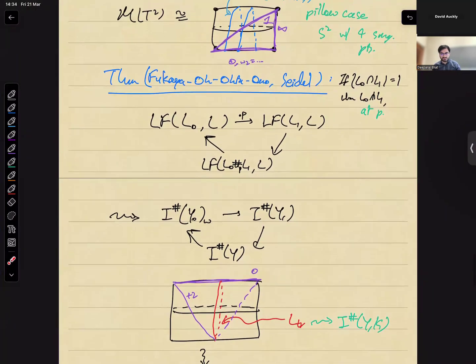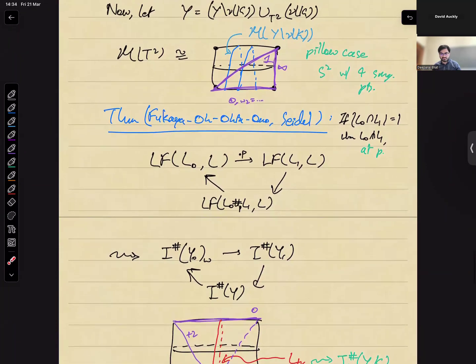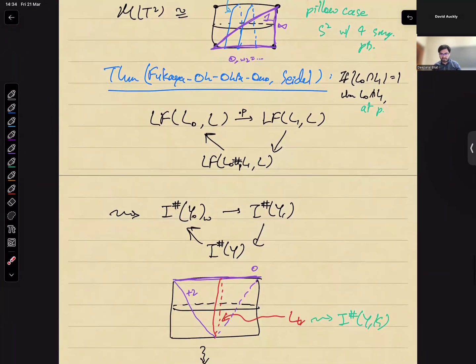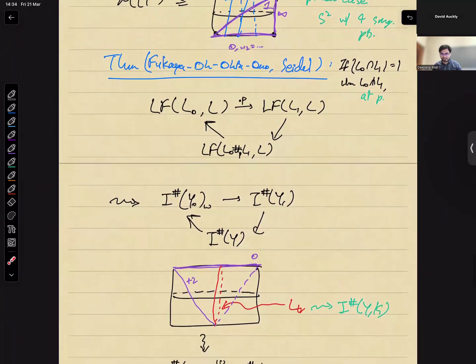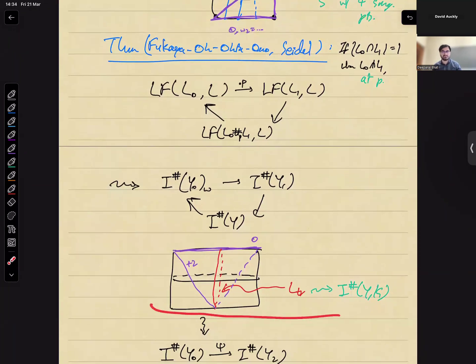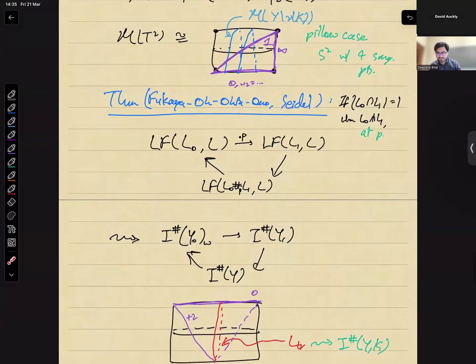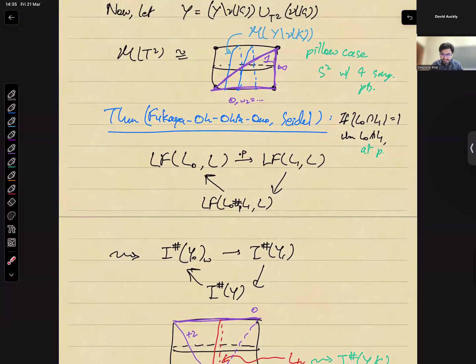Any questions about either this pillowcase picture, in either Floer's original case or in this situation? What do you mean by immediately follows from? Oh, immediately as in, sorry. What I meant is that these Lagrangians satisfy: one of them is L0, one of them is L1, the other one is the connected sum.